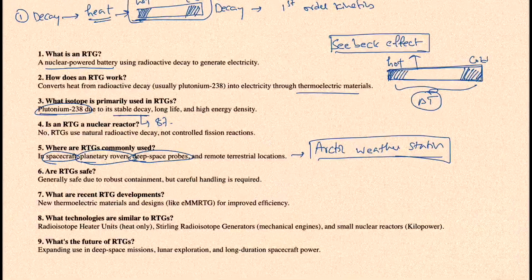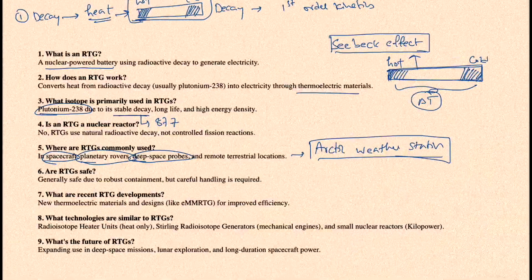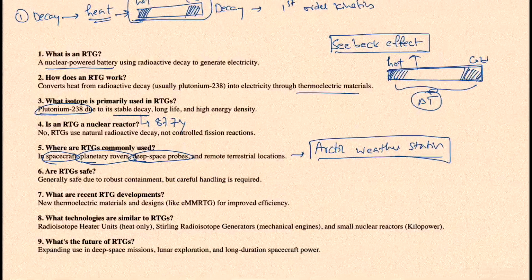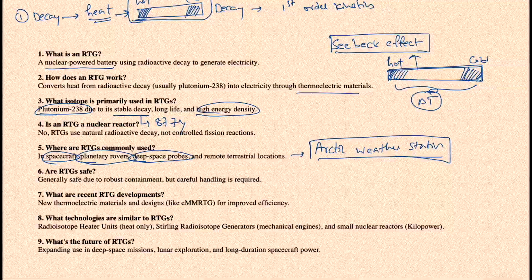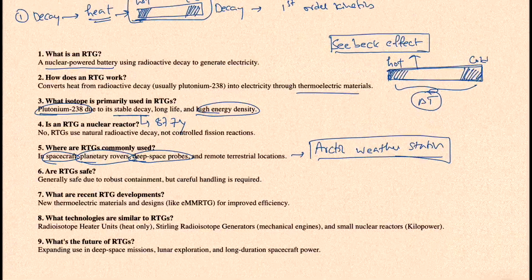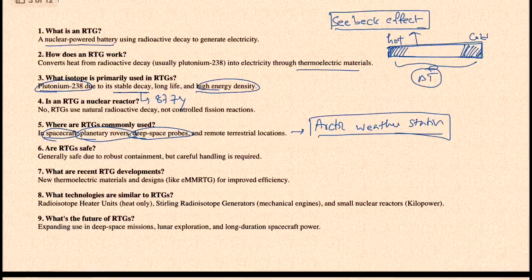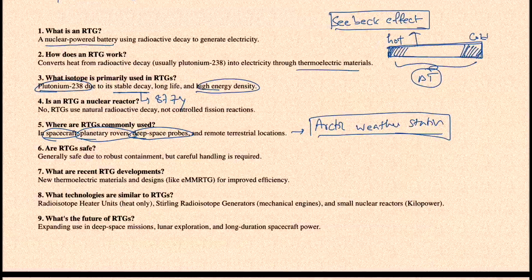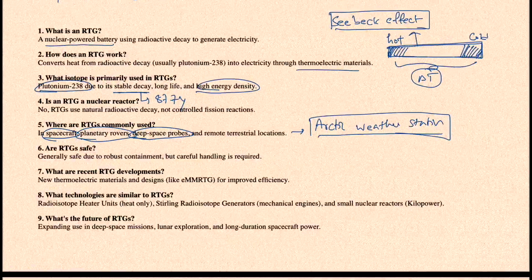Just remember, it has an optimal half-life which supports stable decay. It also has high energy density, which produces significant heat from a relatively small amount of decay. So these are the various aspects that made us choose Plutonium-238 as the primary isotope in RTGs.